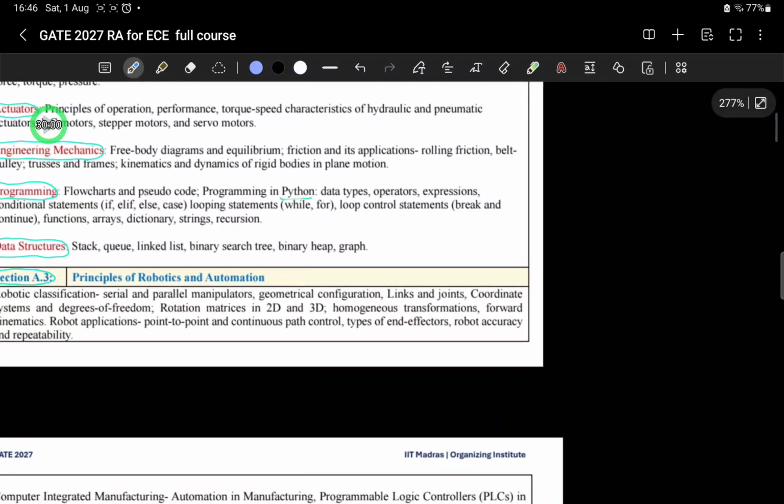So today we will discuss the geometrical configuration part, under the topic of principles of robotics and automation.